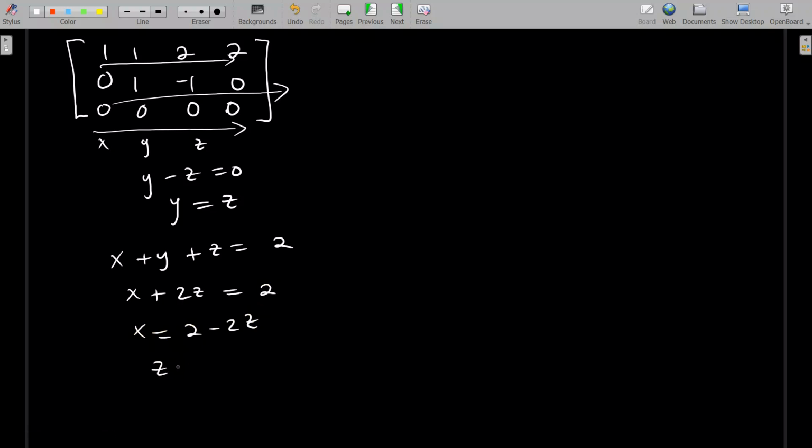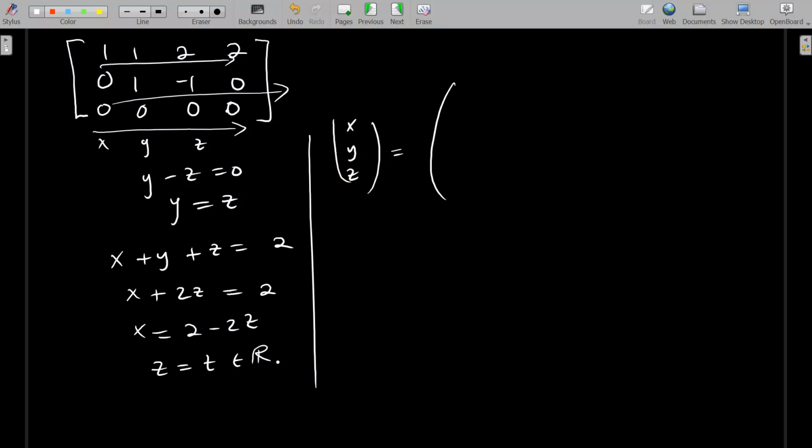So here, same thing, choose z to be any variable you want. You can pick a p, an m, or whatever you want, but it's supposed to be a real number. Let's say t is a real number, right? So my x, y, z for this system: x is 2 minus 2t, sorry, and y is z, so I have t, and z is still t.